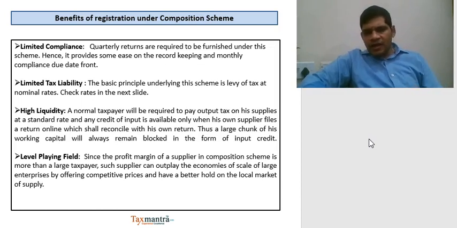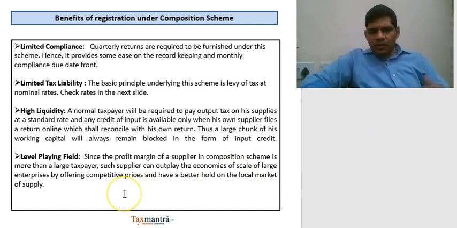It has got limited liability. So the tax rate to be paid is very limited. Either it is 5% or 1% or 2%. But on the negative side, they are not eligible to take input credit. Since it's a quarterly return and the tax rate is lesser, there's high liquidity for them, because their working capital will not be blocked.